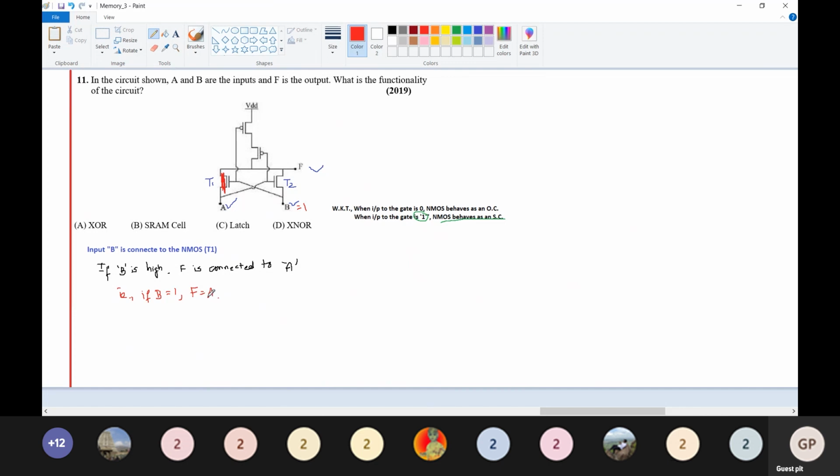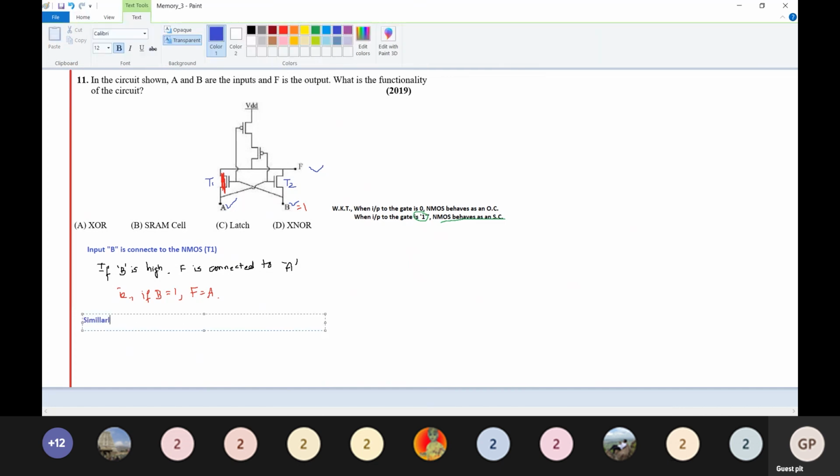Similarly, input A is connected to the NMOS transistor T2.